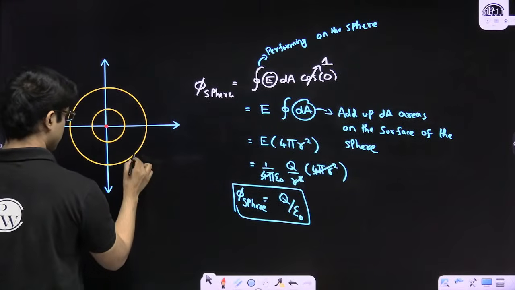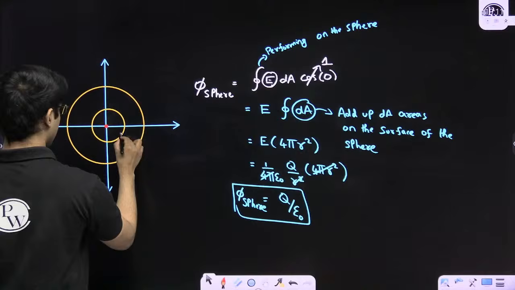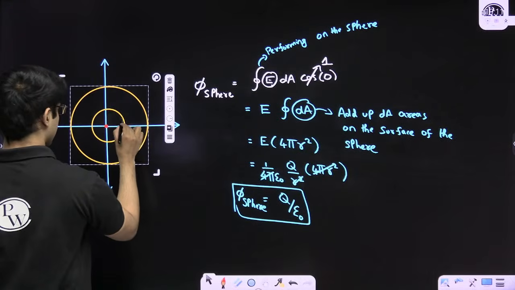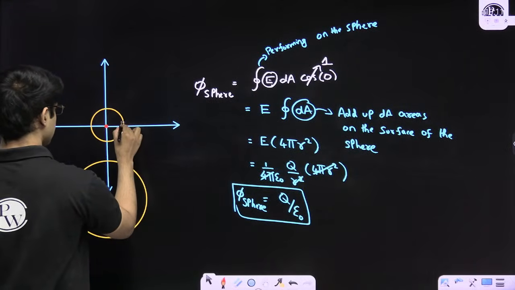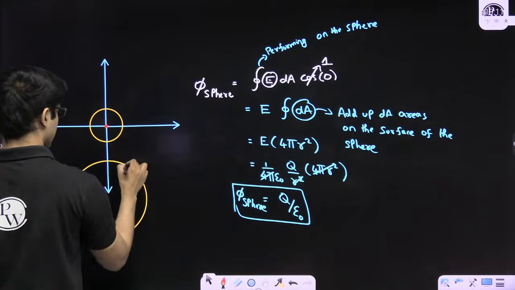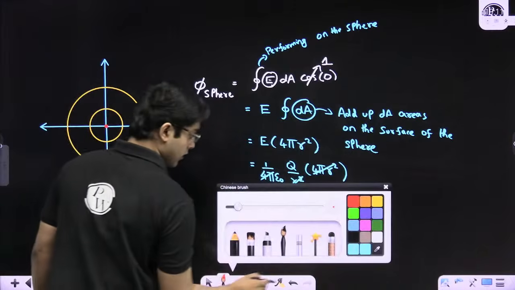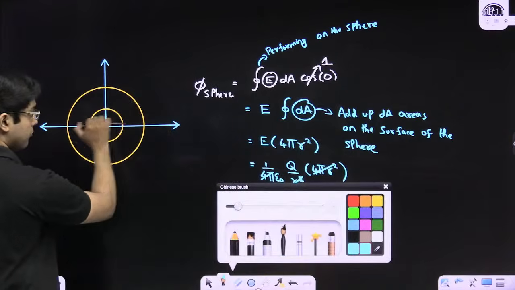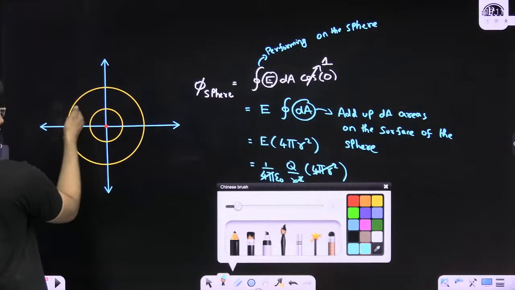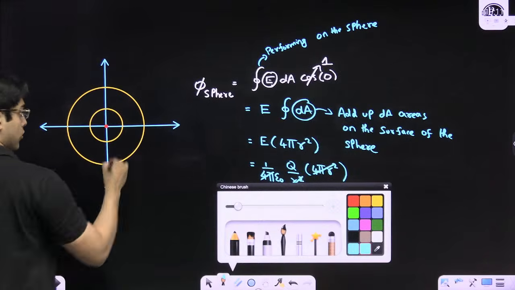The total number of field lines cutting it is still 4, right? The total number of field lines cutting the inner sphere and the outer sphere are both 4, right?